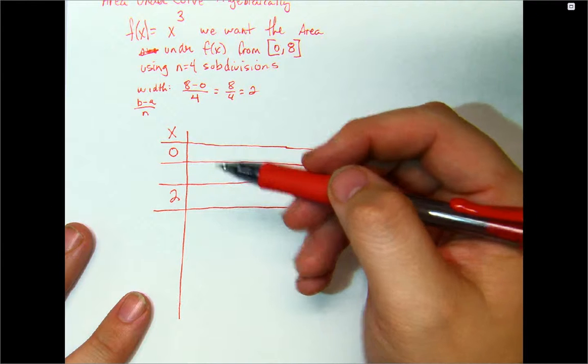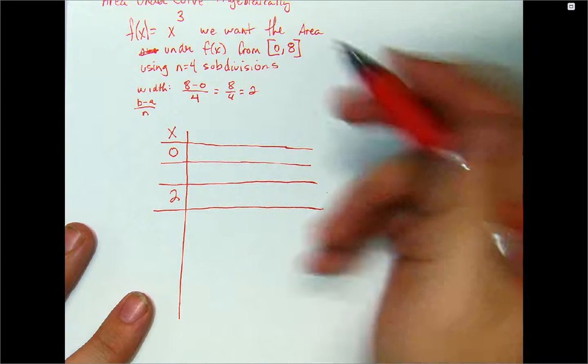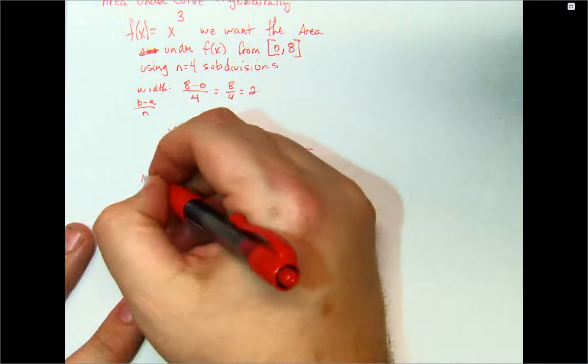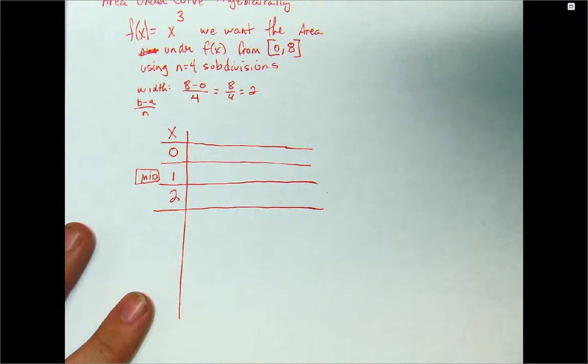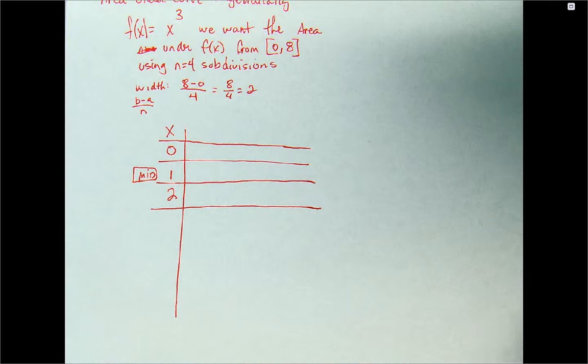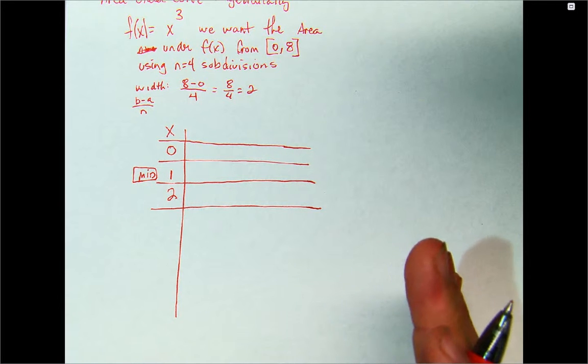Now, why do you think I'm skipping one? For the midpoint. I'll put mid right there, just so I know, because sometimes the midpoint makes things weird. If you know you're going to use the left endpoint or the right endpoint, it's going to make a difference. But yeah, you'll be given that.